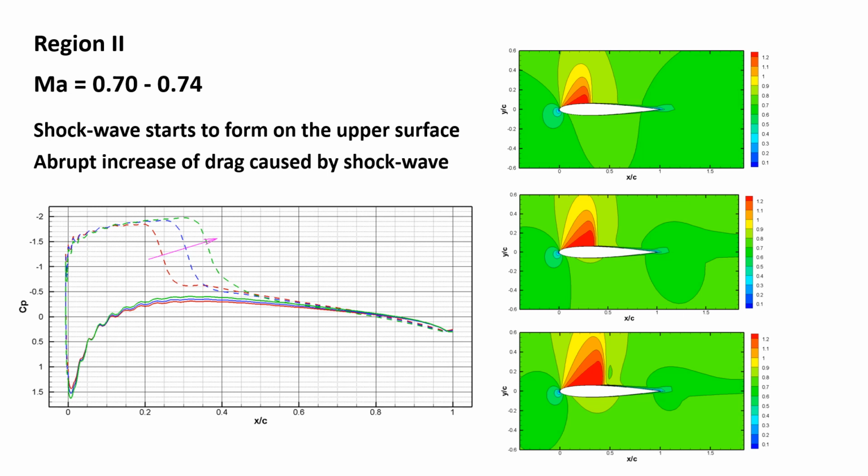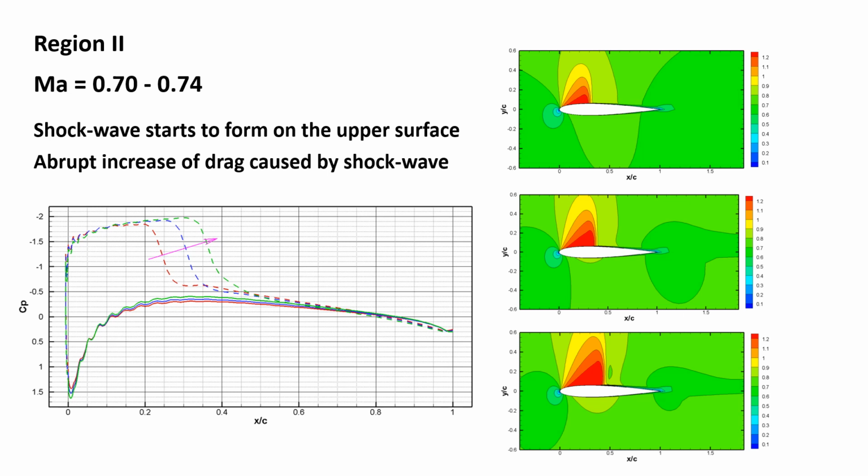And as we know, the area wrapped by the CP curves on the upper and lower surfaces indicates the lift coefficient, lift. So you can see by increasing the Mach number from 0.7 to 0.74, the area wrapped by the curves is increased.